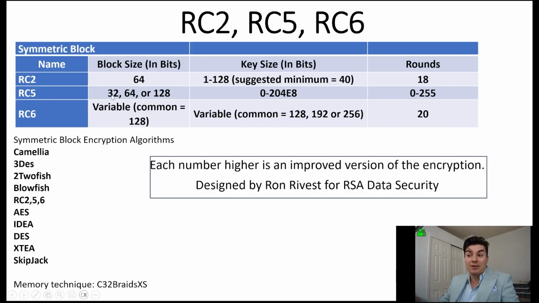RC5 has a block size of 32, 64, or 128 bits, a key size ranging anywhere from 0 to 2048 bits, and rounds anywhere from 0 to 255. RC6 has a variable block size, but it's common for 128 bits, and the key size is variable, but commonly you'll see 128, 192, or 256 bits, with 20 rounds.